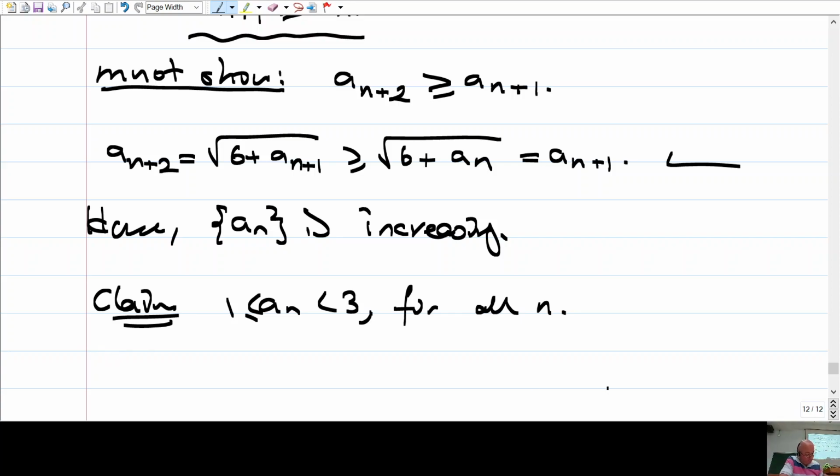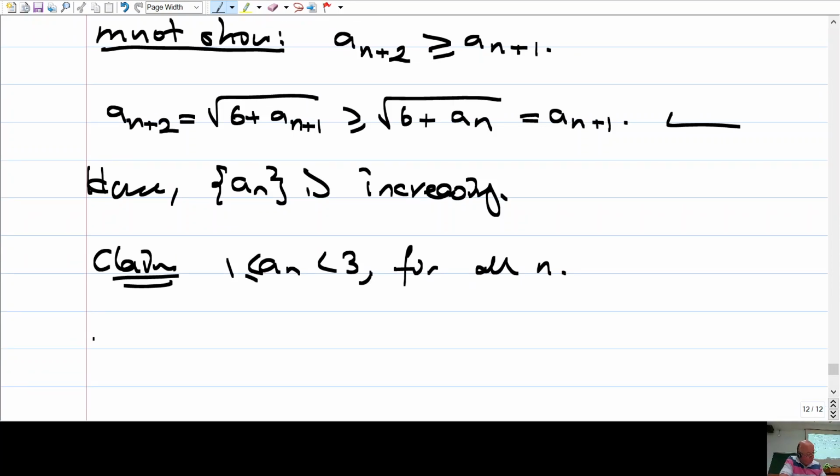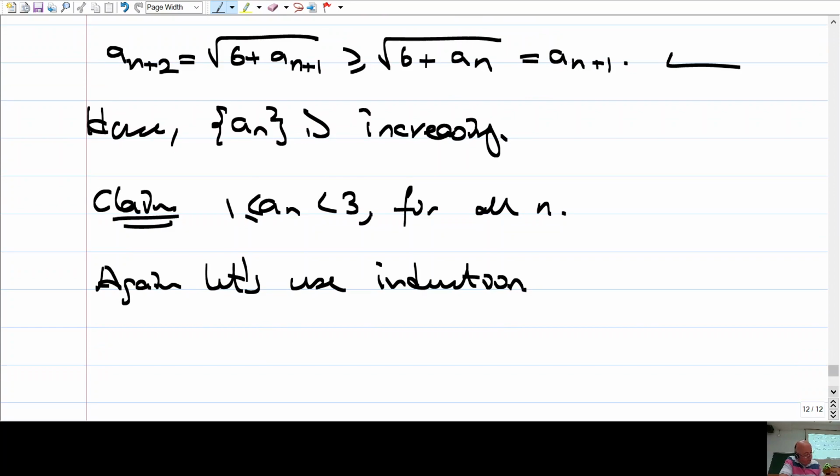Let's see why this is the case. Let's use induction. When n equals 1, a1 is just 1, and it is certainly less than 3 and greater than or equal to 1. So the n equals 1 case is done.